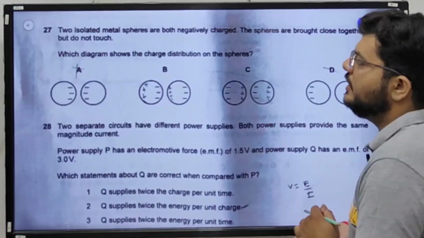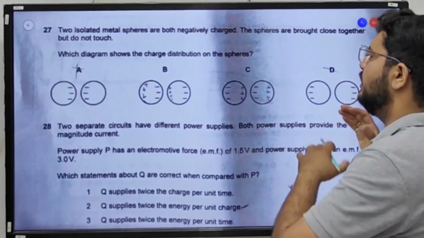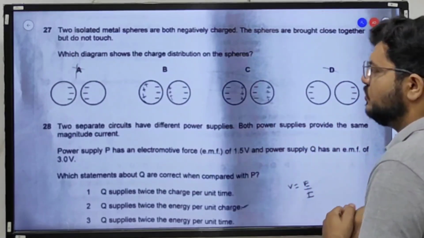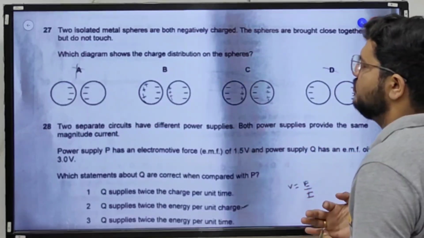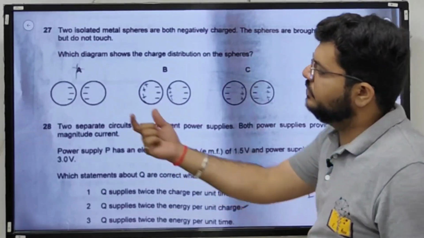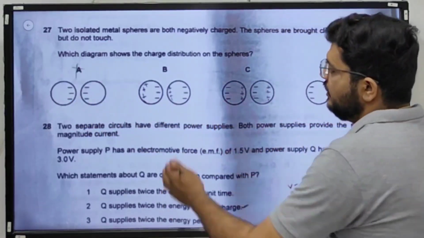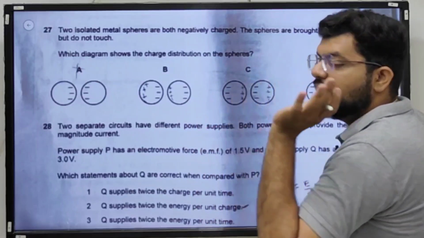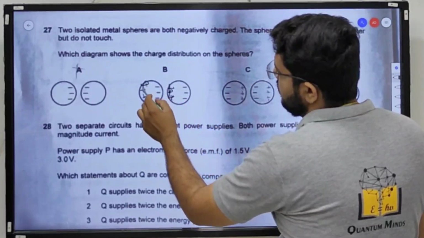Okay, question 27. Two isolated metal spheres are both negatively charged. The spheres are brought close together but do not touch. Which diagram shows the charge distribution on the spheres? Now, in the first one, negative charges are close to each other, not possible. In the second one, whoever has given this paper, they have drawn that positive charges are here, right?